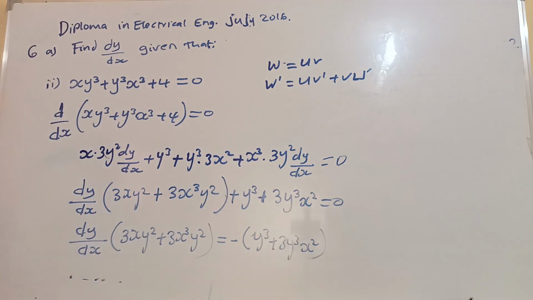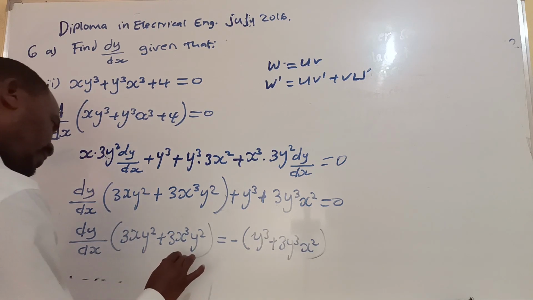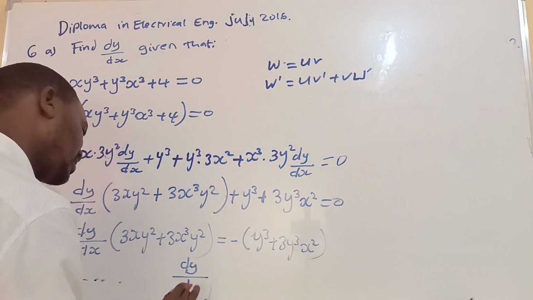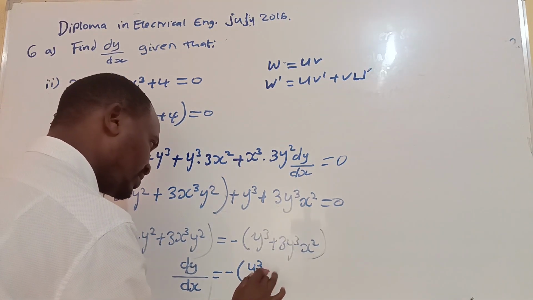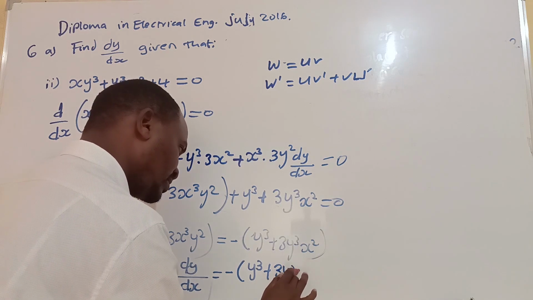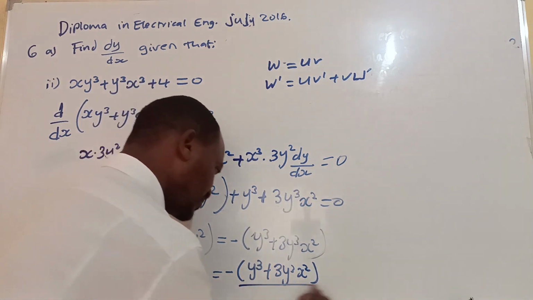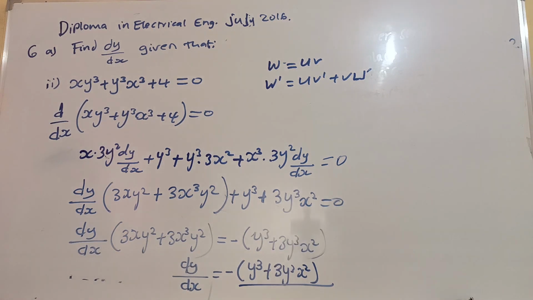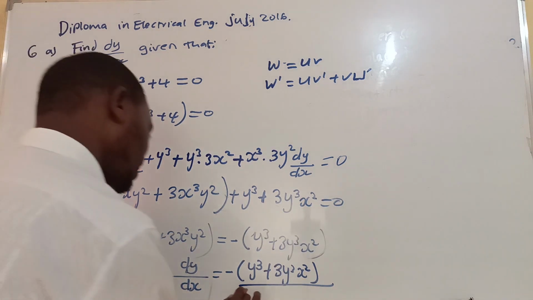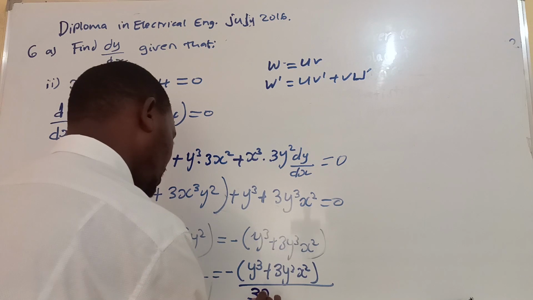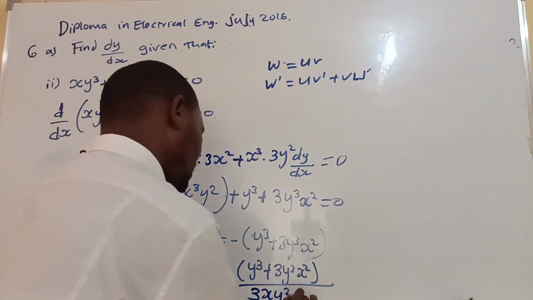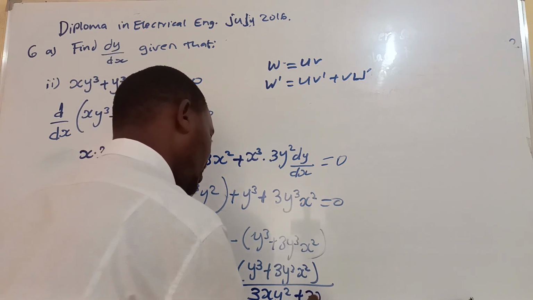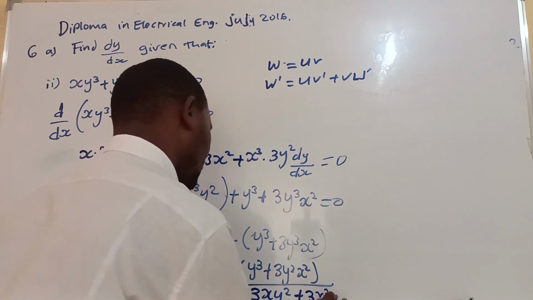So you just divide. dy dx is equal to negative y cubed plus 3y cubed x squared, all over 3xy squared plus 3x cubed y squared.